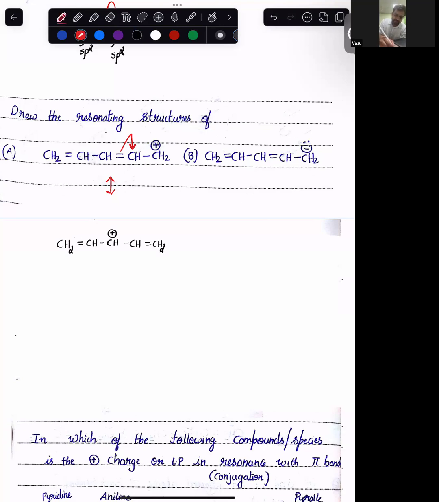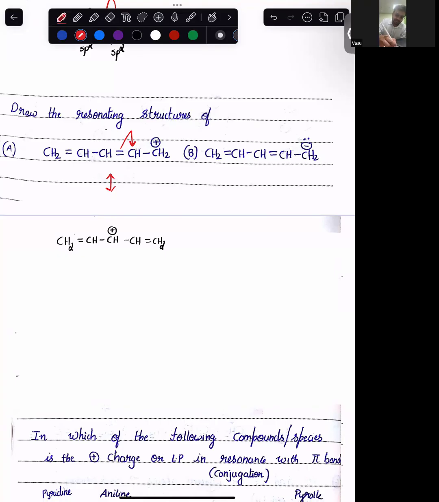Then you can make this onto this. You have CH2 positive, CH double bond CH, bond CH double bond CH2.